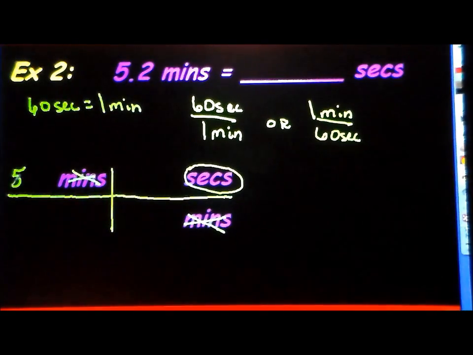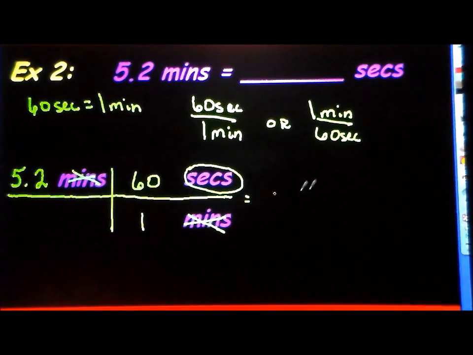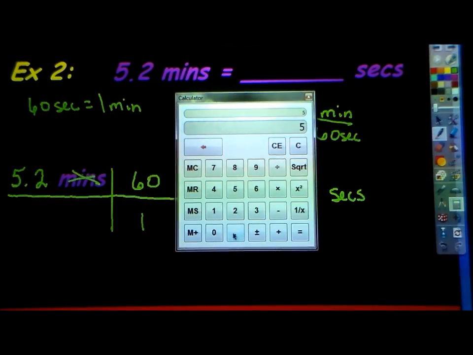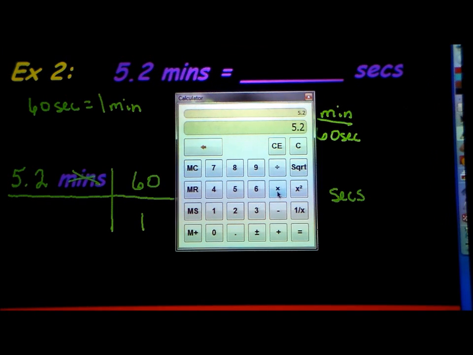So we have 5.2 minutes, that's what we started with, and we have to use this fraction now that 60 seconds is 1 minute, and whatever I get from my calculator, my units are going to be seconds, and then I'll be done. So let's pull out the calculator, and we have 5.2 times 60, and that equals 312.